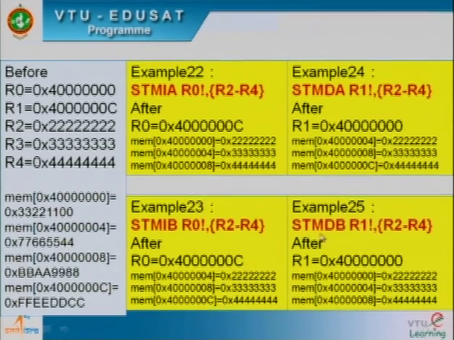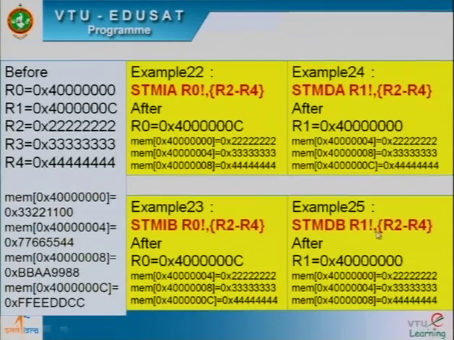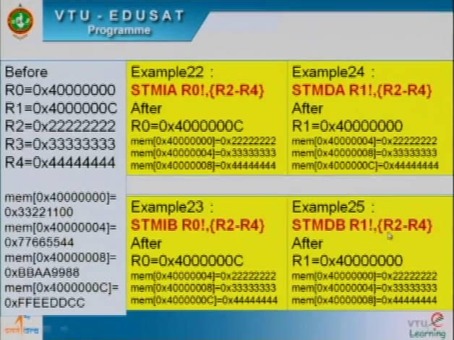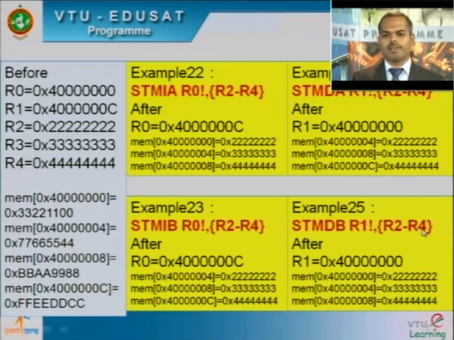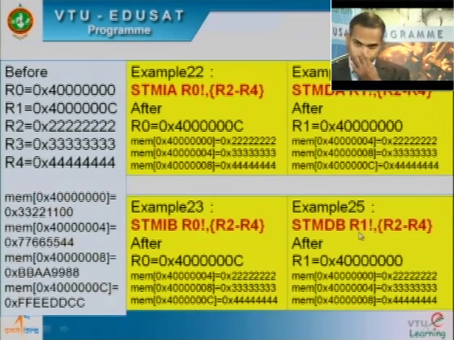STMDB R1!, {R2-R4}. What this means is store multiple register values onto the memory location pointed by register R1 and then decrement. What exactly do we mean by this?